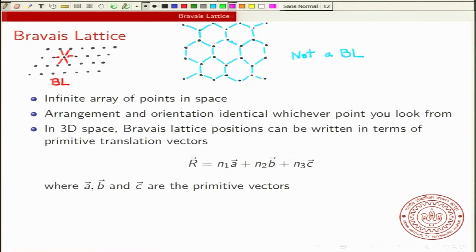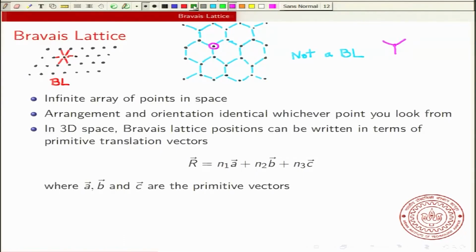If you sit on this point and look at the arrangement of points around it, you will see that there is one point directly below it, that is shown here. There is one point in this direction, and there is another point in this direction. So, this is an arrangement like a Y.